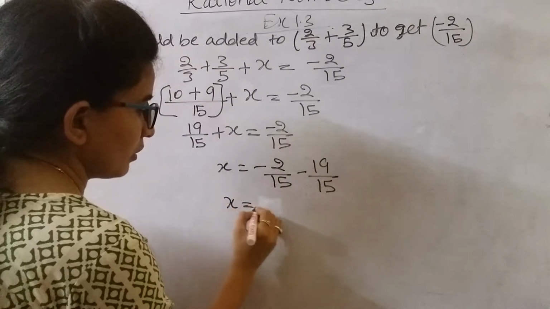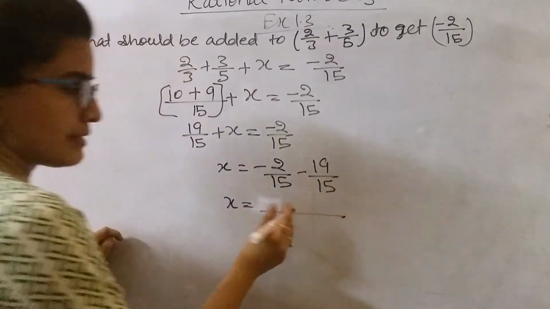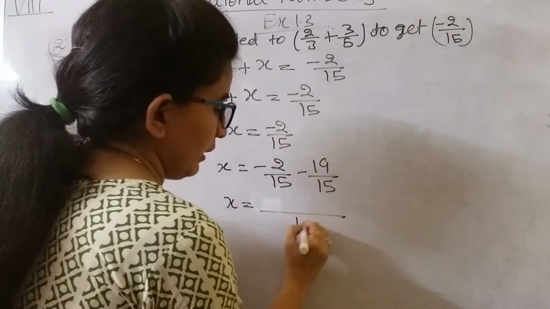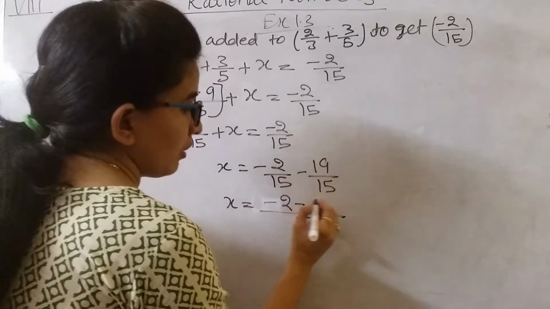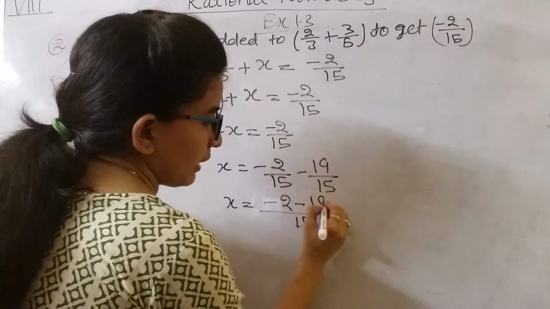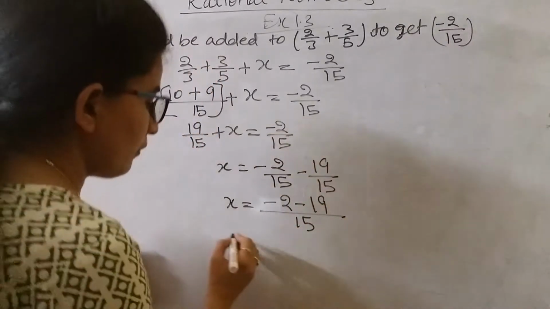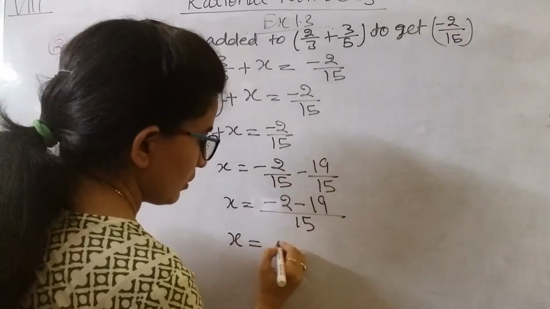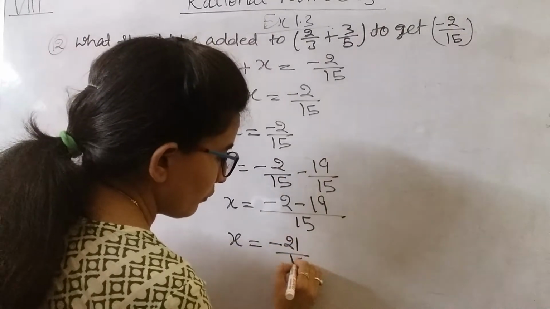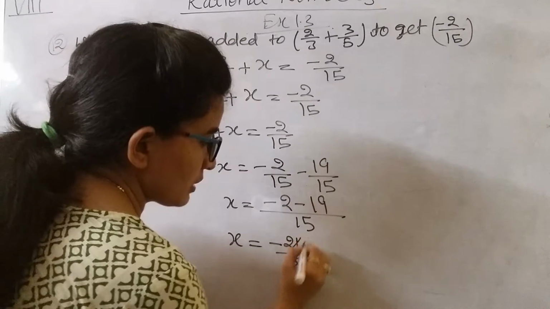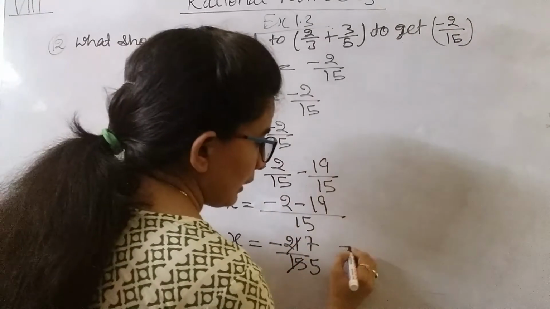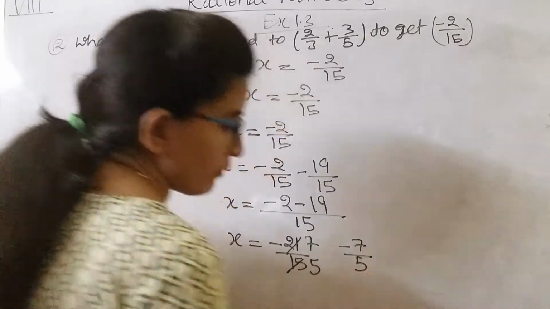So x will be, the LCM of 15 and 15 will be 15, and on the above hand side we have minus 2 minus 19. So the number will be minus 21 upon 15. By solving this, 3 5s are 15, 3 7s are 21. So the value of x is minus 7 upon 5.